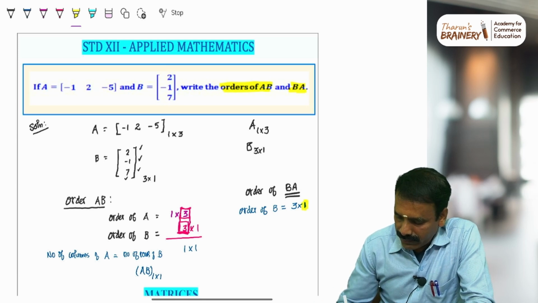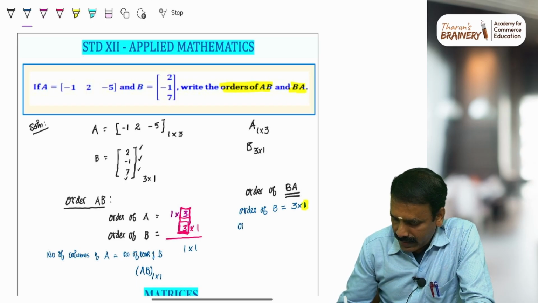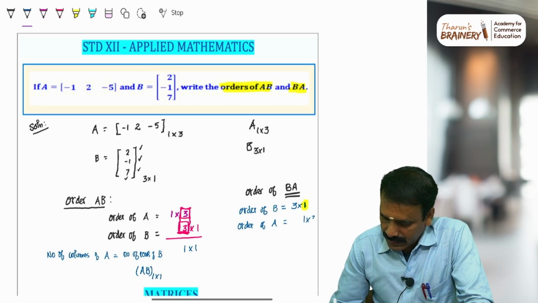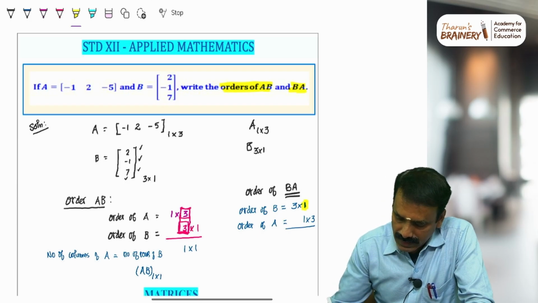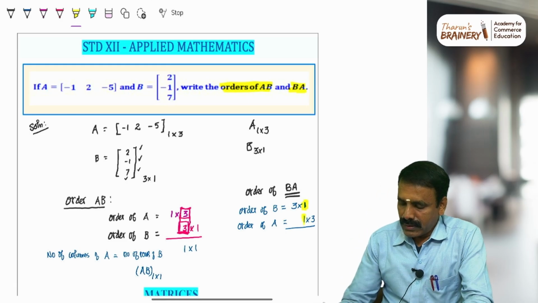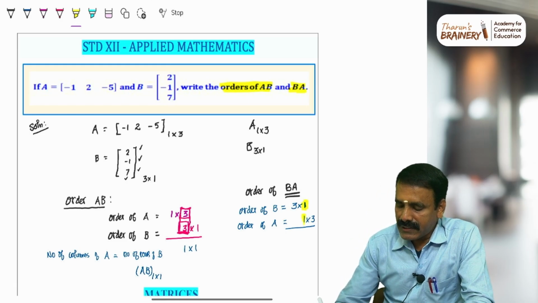Now what about the order of A? The order of A is 1 by 3. Correct. How many rows is this going to have? Only one row. So the condition is satisfied very well.